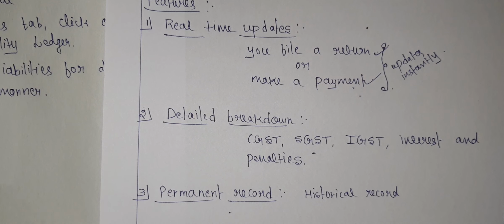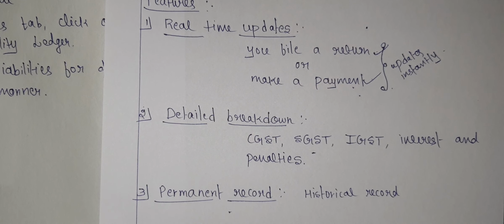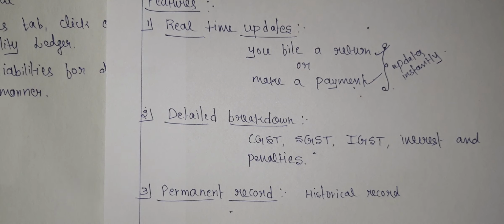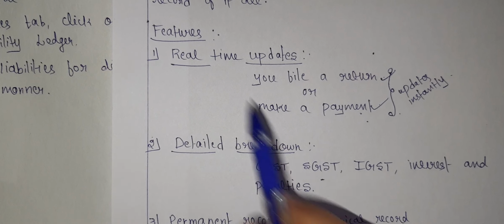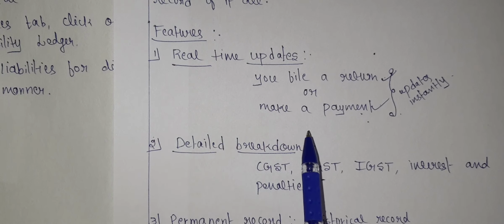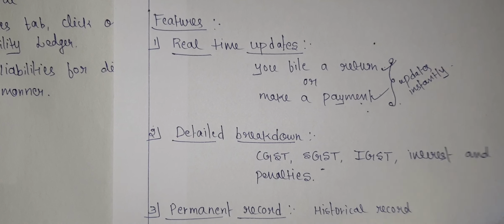It contains all the records of your payment of GST liabilities or any interest and fees, for your future reference. These are the features of the electronic liability ledger: real-time updates, detailed breakdown and permanent record.